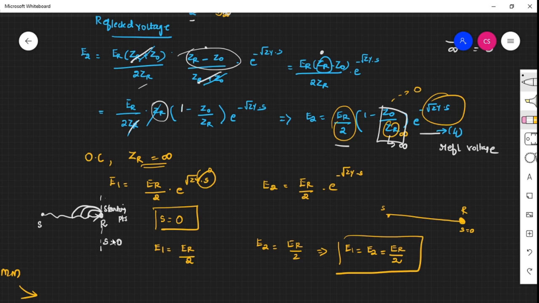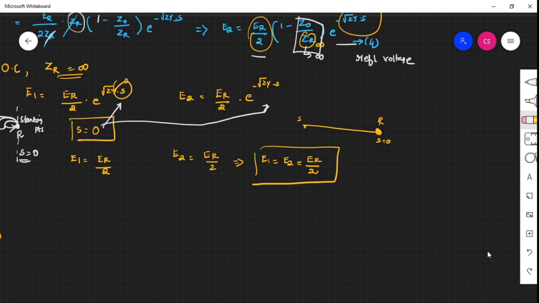So at the starting point distance will be 0. Therefore, substituting S equal to 0 in the equations for E1 and E2, we get e power 0 in the first term and e power 0 in the second term. So e power 0 is equal to 1. Therefore, E1 will be equal to ER by 2 and E2 will also be equal to ER by 2.